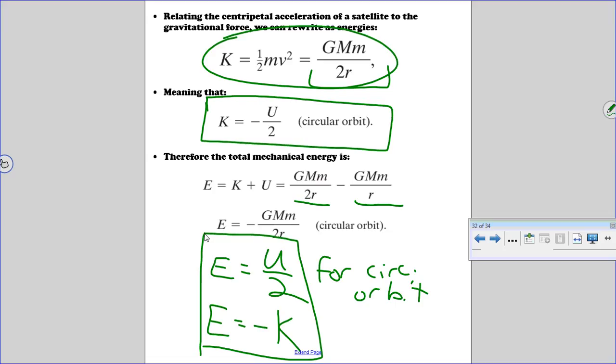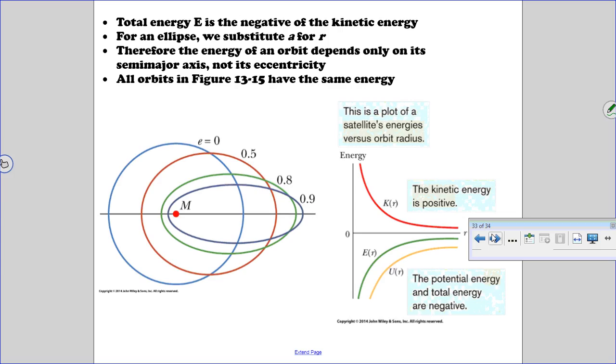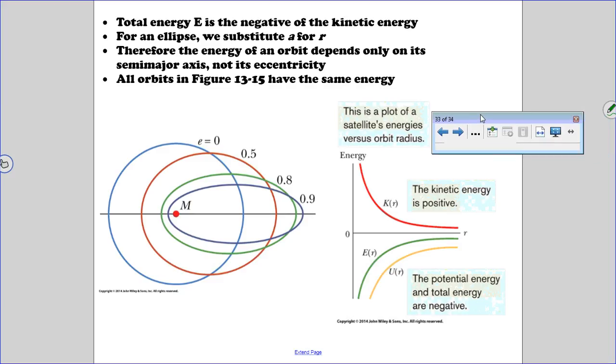For a circular orbit. Cool? All right, so that's what this first bullet says. For an ellipse, again, does this still work? I don't have that written there. Oh, I forgot about this. I'm sorry, guys.